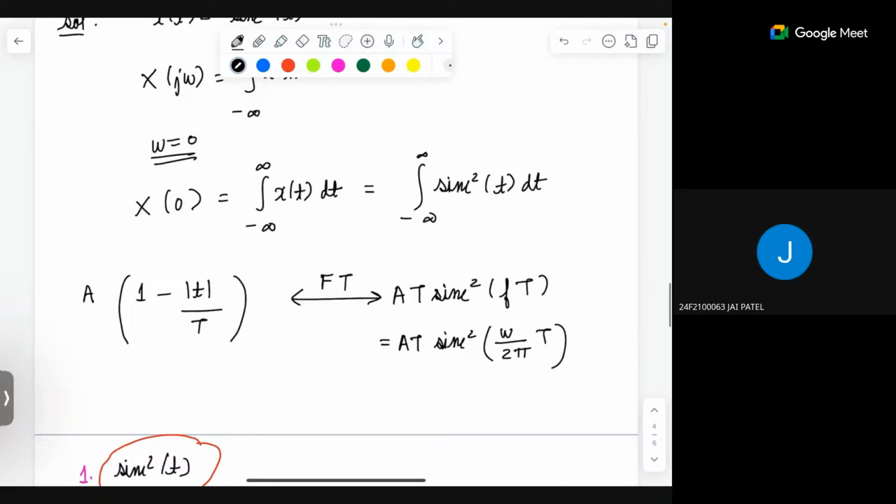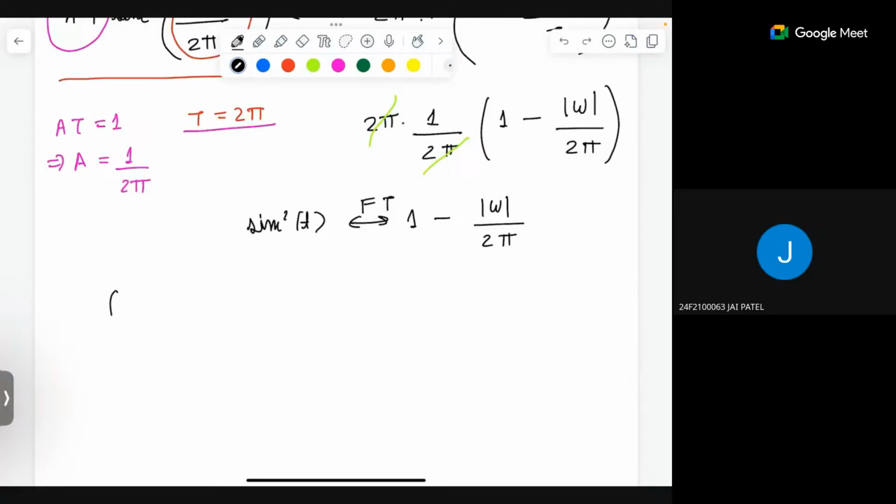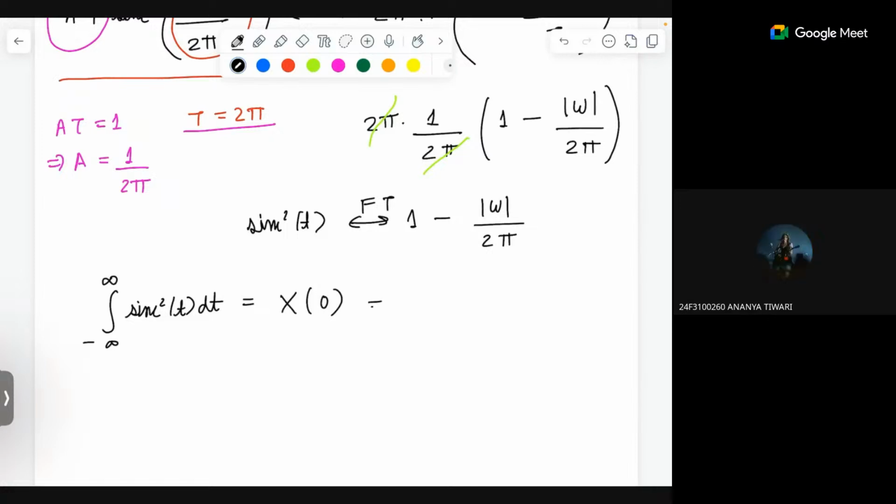So now the value of this integral, let me write down the integral again. Integration from minus infinity to infinity of sinc square t dt will be equal to the value of the Fourier transform at omega equal to 0. Now I have the Fourier transform as 1 minus mod omega by 2 pi.